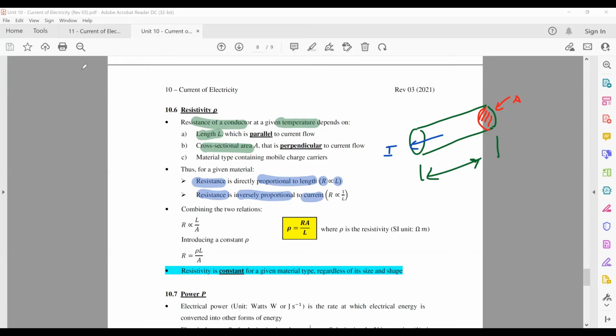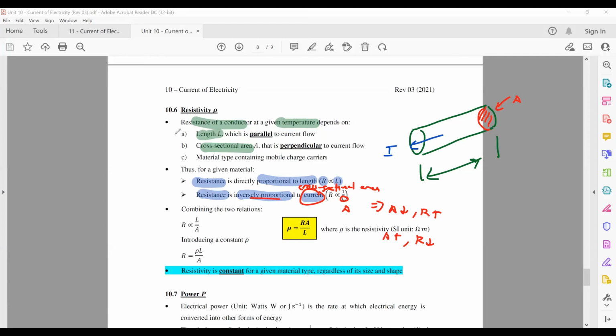Sorry, I noticed that there's a mistake here. Resistance is inversely proportional to cross-sectional area, 1 over A. So when your area drops, your resistance ought to increase. When your area increases, your resistance drops. That's why we say it's inversely proportional to cross-sectional area.